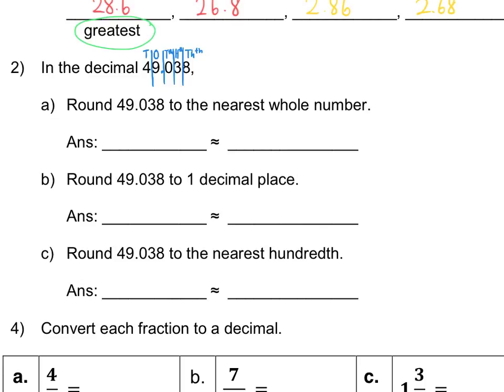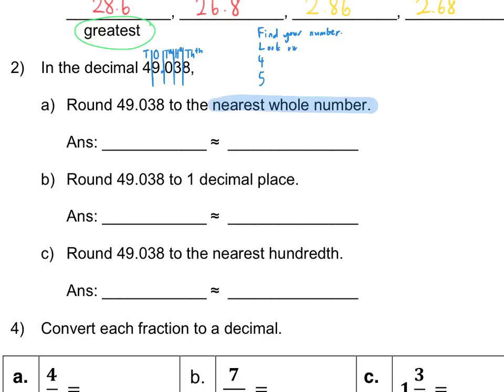So for part A, the question wants us to round the decimal to the nearest whole number. So if you want the nearest whole number for rounding numbers, we follow the rhyme F, L, 4, and 5. Find your number.